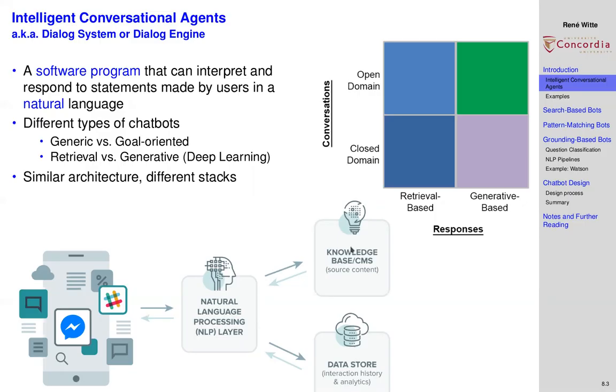We'll see systems that use knowledge graphs, but you could also have a simple database of questions and answers. And again, depending on how sophisticated the bot is, it possibly has a data store for memorizing interactions with the user. So when you go to the same bot again with your account, it remembers your name and also has access to other information about you.